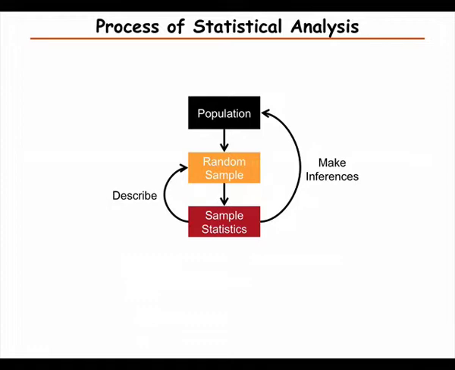This is why this lecture is called Descriptive Statistics, because that's what we're going to do. We're going to calculate different things to describe our sample. Later on in this course, in other lectures, you're going to learn how to make inferences from the sample statistics onto the population. But that we're not going to deal with today at all.